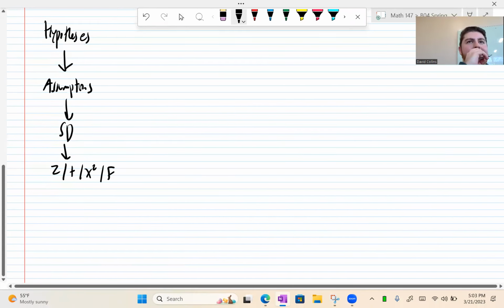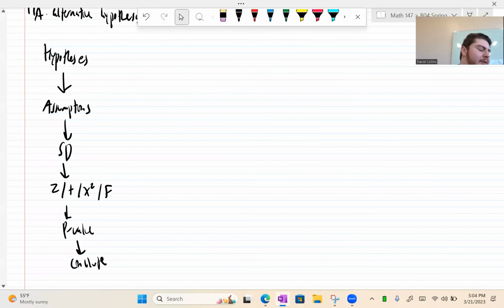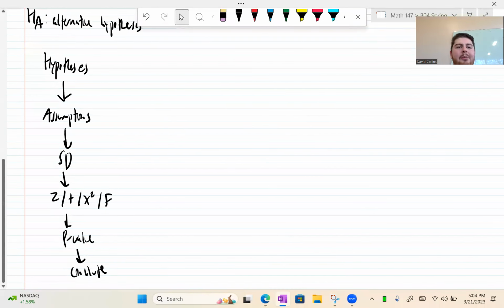Those are all basically the same thing as a z-score. Your p-value, and then you conclude. So you set up your hypotheses, you use your assumptions to verify that whatever model you're using, you can use. You do a little bit of math, you find your score, and then you go to one of the tables and you find your p-value. And then you compare that to what's called a significance level. And then you make your decision.